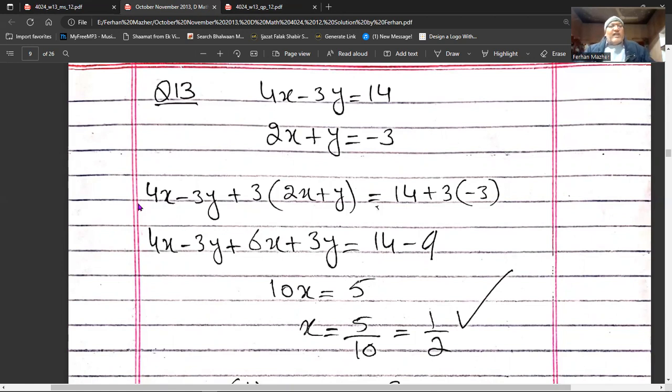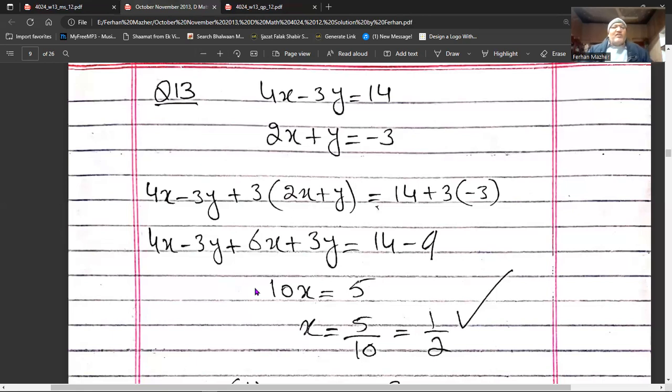So you can see 4x minus 3y plus 3 bracket 2x plus y bracket close is equals to 14 plus 3 bracket start minus 3 bracket close. 4x minus 3y plus 6x plus 3y is equals to 14 minus 9. So minus 3y plus 3y, they will be cancelled and you are left with the 4x plus 6x, that is the 10x is equals to 14 minus 9 is 5. So the x will be equals to 5 divided by 10. So the x will be equals to 1 by 2.